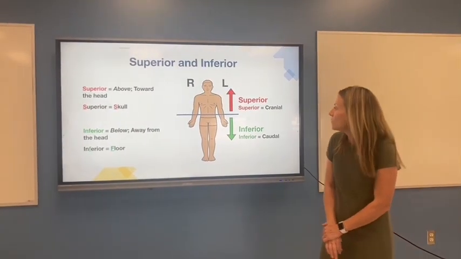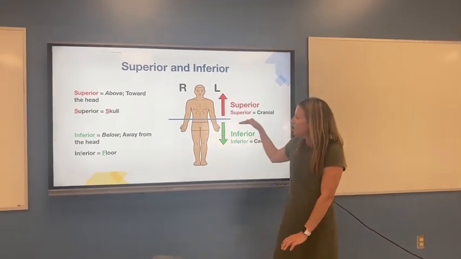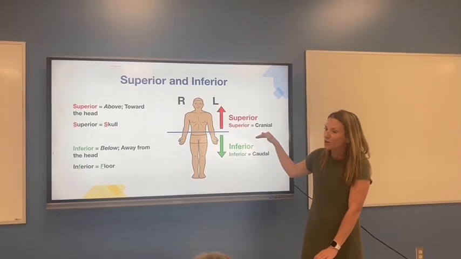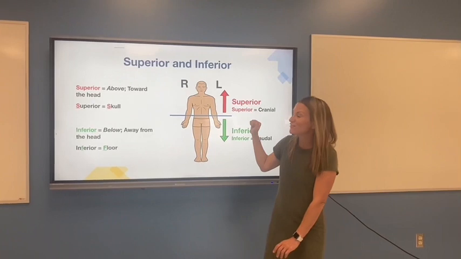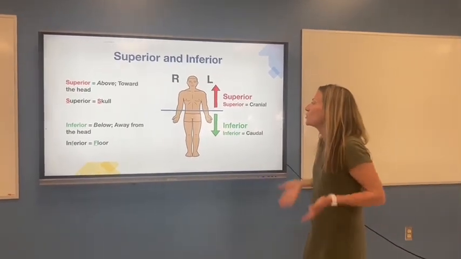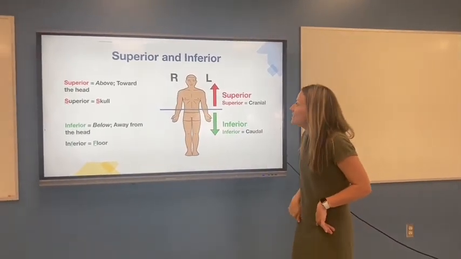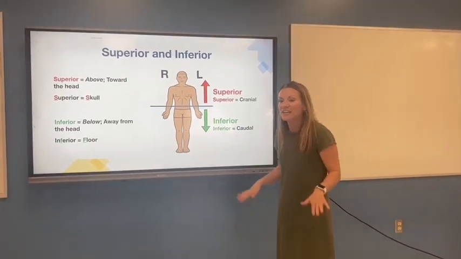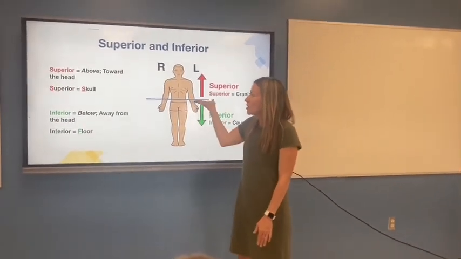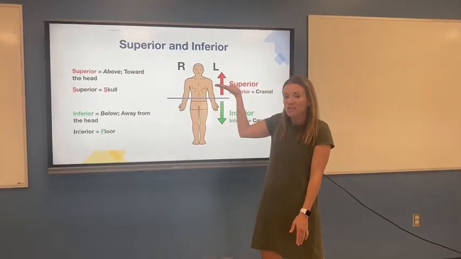The next way you can divide the body is that horizontal plane, or what was that one called? Transverse. Good. Transverse divides us into a top and a bottom. But instead of saying top and bottom in medical terms, we talk about superior and inferior. So superior means above or towards the head.